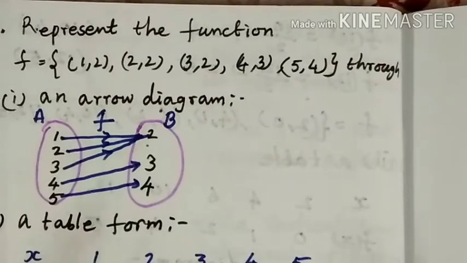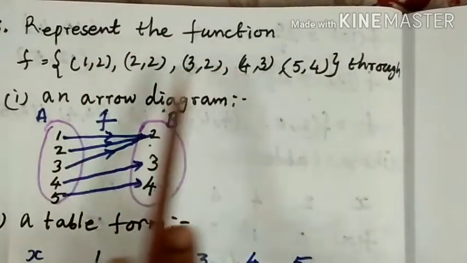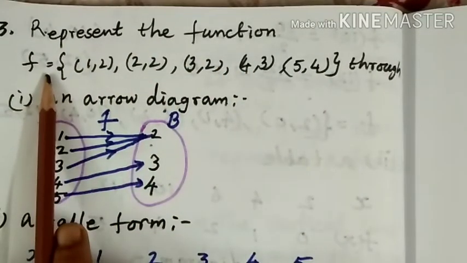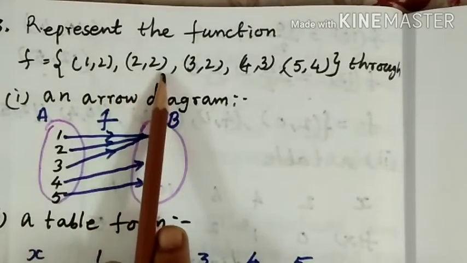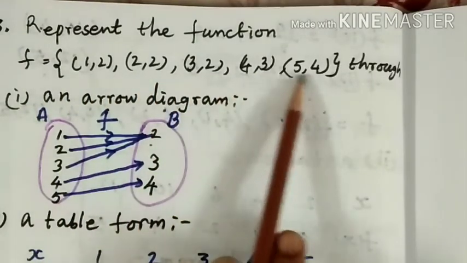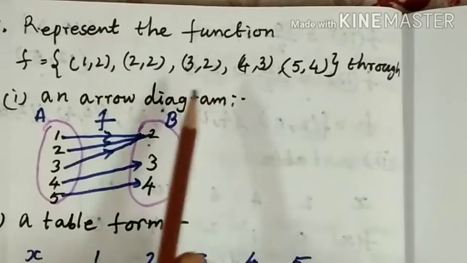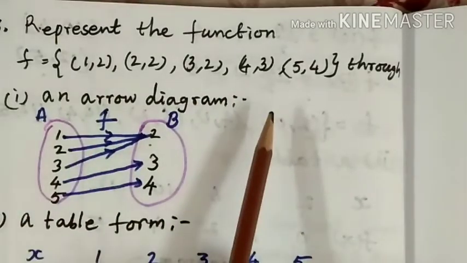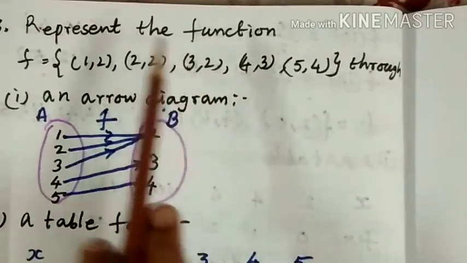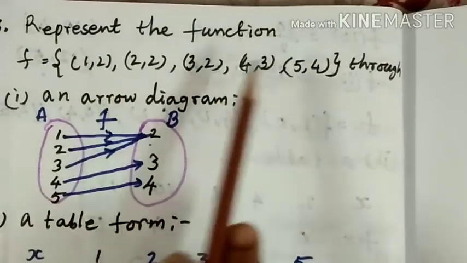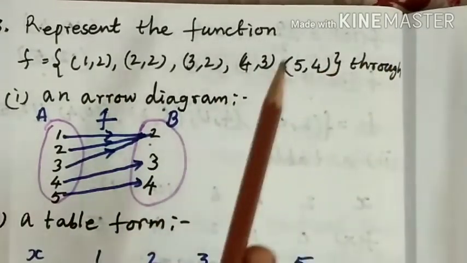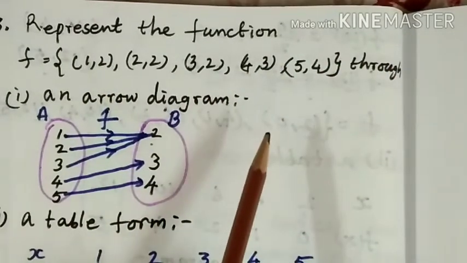Then see the third question. Represent the function f, 1, 2, 2, 2, 3, 2, 4, 3, 5, 4, through an arrow diagram. So in this question, only the function's ordered pairs are given, and we have to represent the given subdivisions.